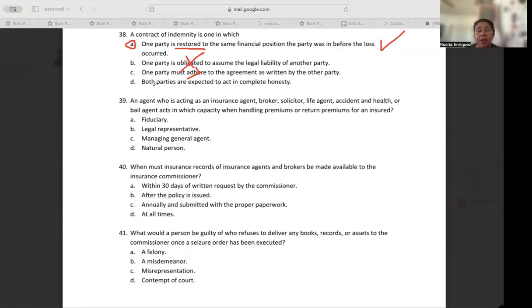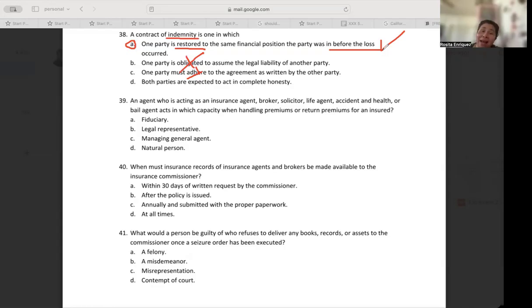It's not that. Both parties, blah, blah, blah. No, it's one party is restored, because indemnity, right? Insurance restores the party to the same financial position it was in before the loss occurred. So remember, these keywords match. And as we go on in this business, we will be more familiar with all these terms.